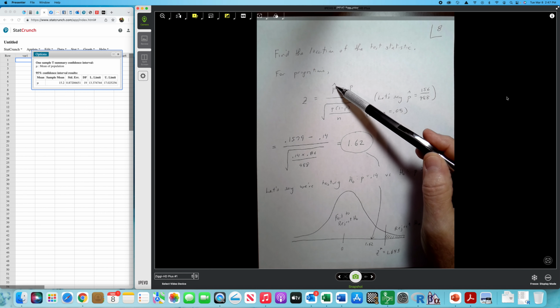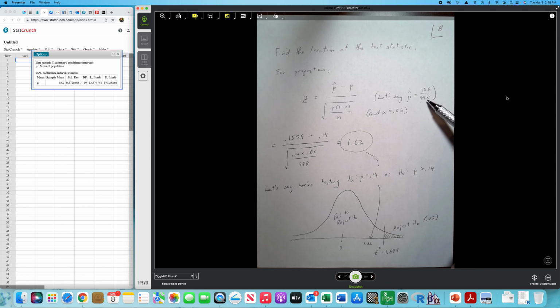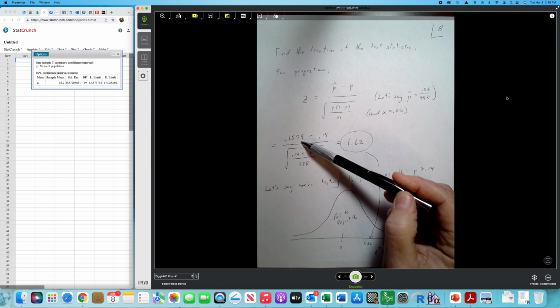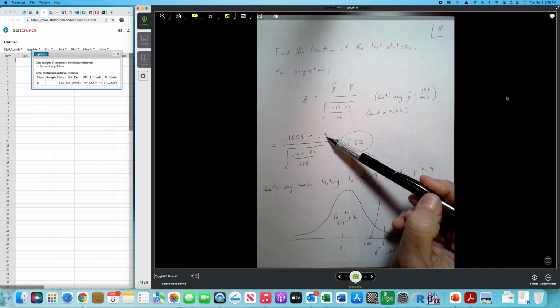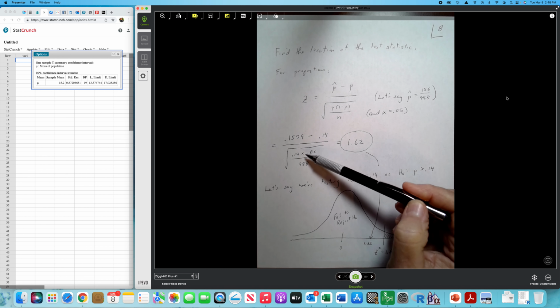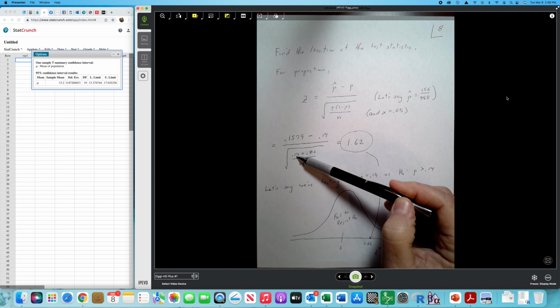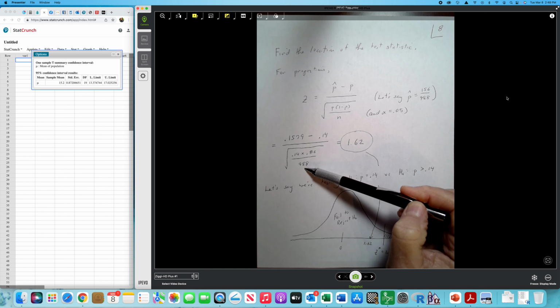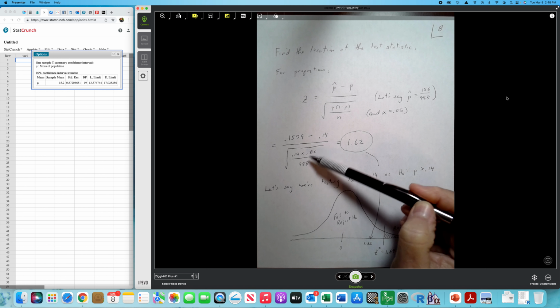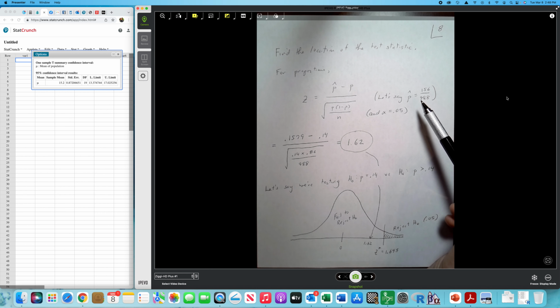So I'm going to put p hat in there. If you put in your calculator 156 over 988, you'll get 0.1579. This is the claim, 0.14 from the previous page. And then I put p, 0.14, times 1 minus p. So 1 minus 0.14 is 0.86 divided by the total sample size of 988.